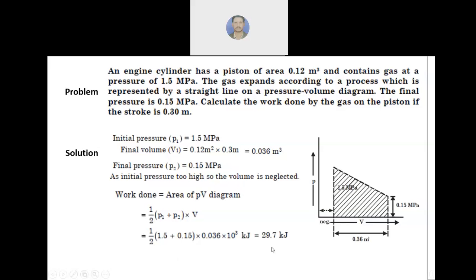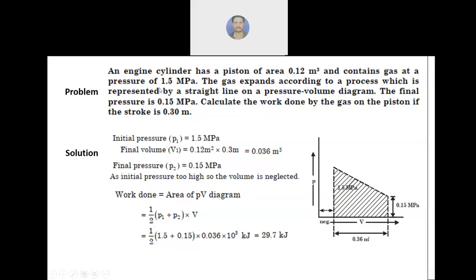Put in the values, and you will get the work done, which is 29.7 kilojoule. So this is one of the kinds of problems that can be asked in the case of PDV work.